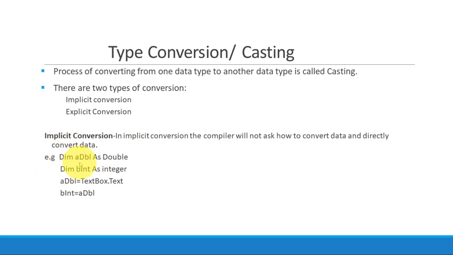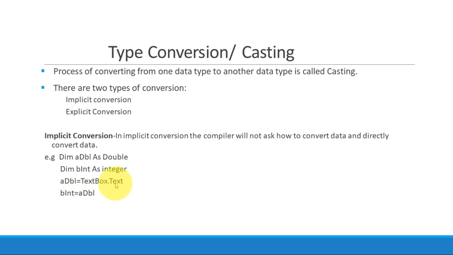See, as an example, this is a variable ADbl. Dim ADbl As Double and Dim BInt As Integer. So we have taken two variables, one of double type and the other of integer type. Now the textbox text value is assigned to the variable of type double, and then this double variable is assigned to the variable of type integer.